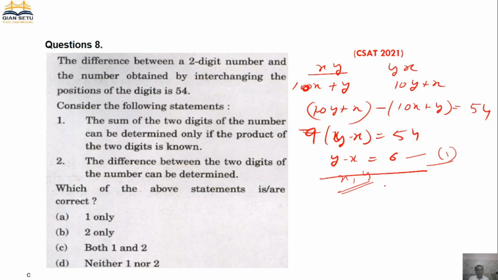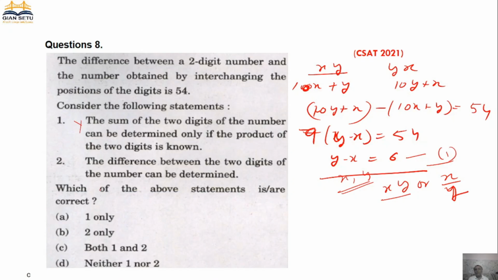Either we should have the product of x and y, or the ratio of x and y. We can find the sum of the two digits if we know the product or the ratio of both the digits. Only then can we find the sum. So statement 1 is not always correct.